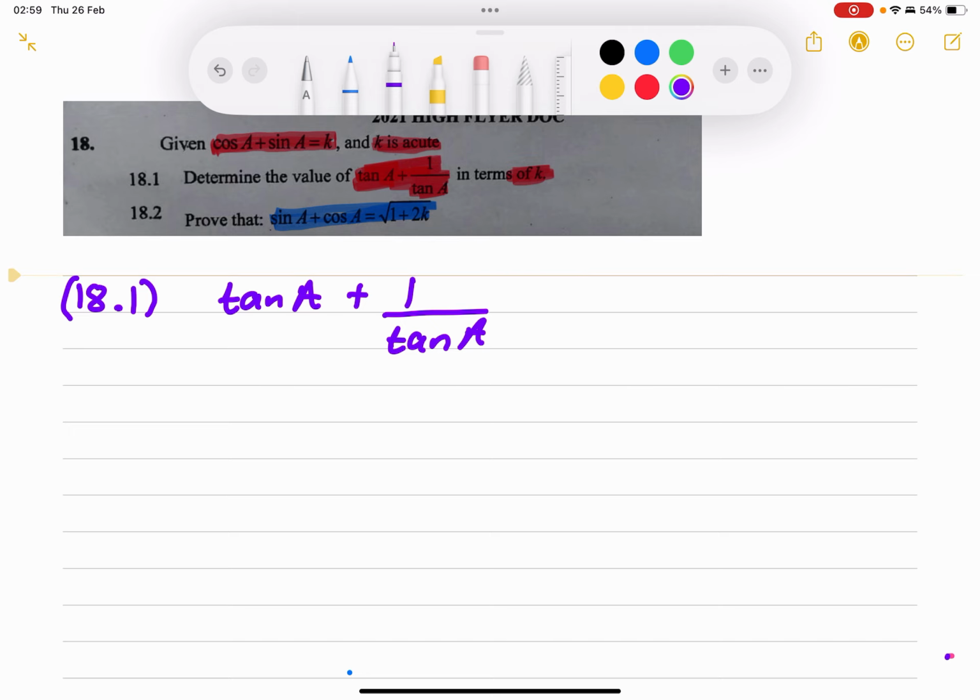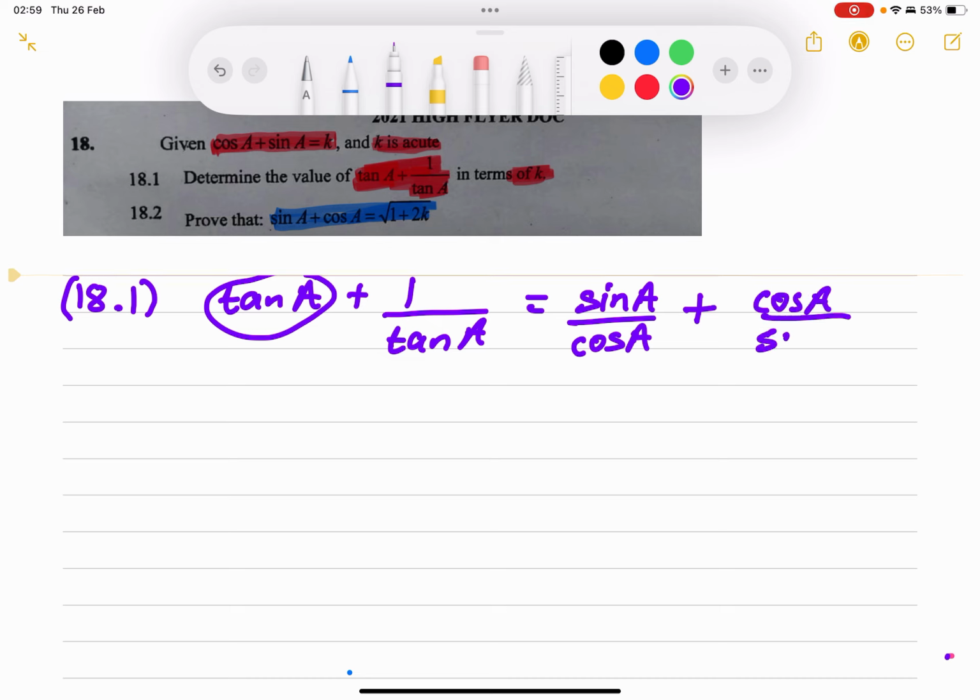We know that tan A is basically sine A over cos A. And then we're going to have plus 1 over tan A, which is just the reciprocal of tan. So we're just going to have cos A over sine A. Because remember, tan A is equal to sine A over cos A, but this is over 1.